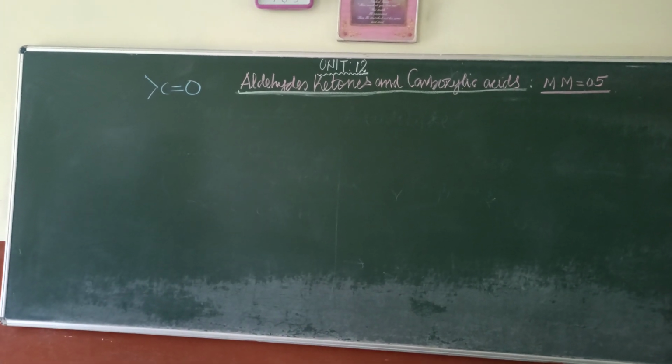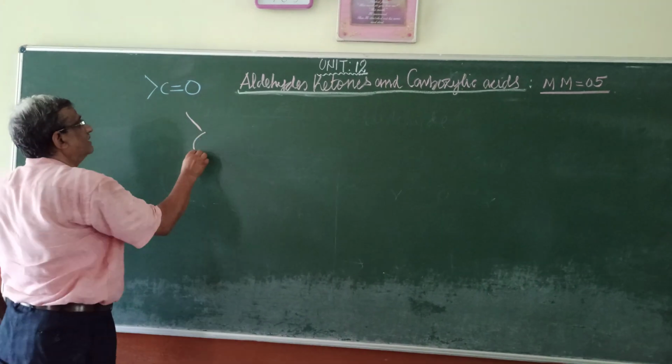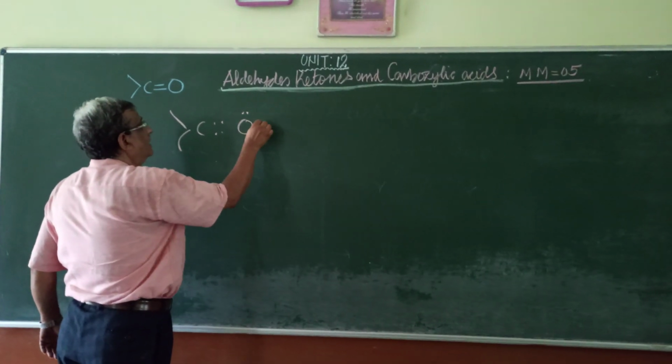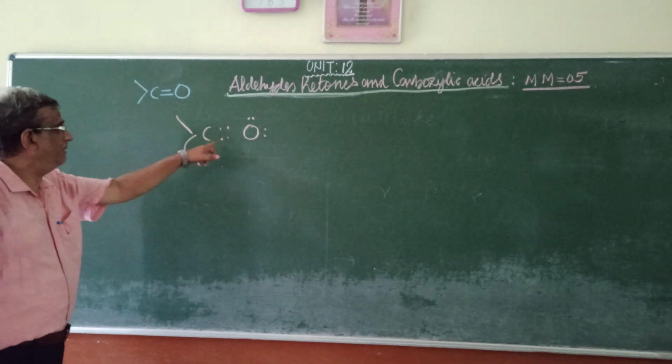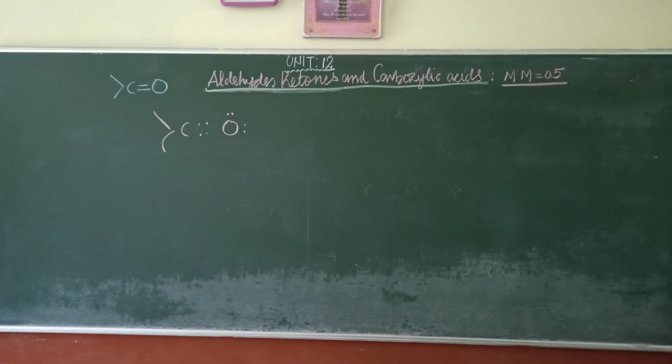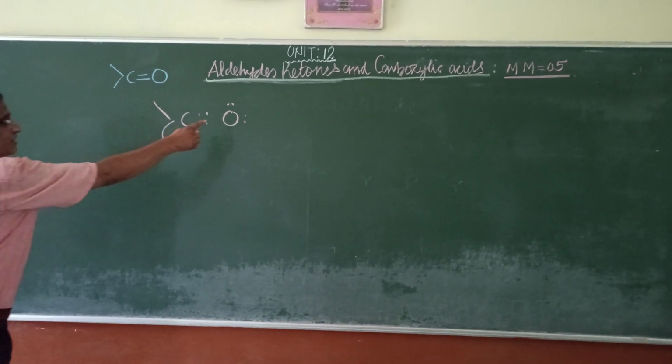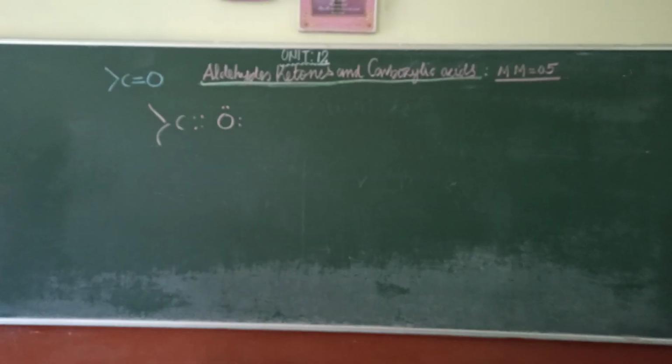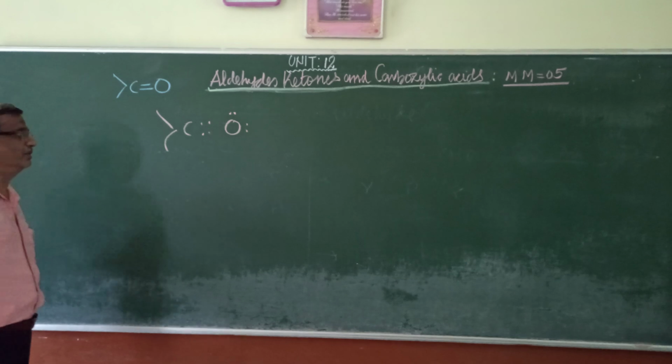If I write the electronic structure, I can write like this. This is the electronic structure, and since there is a double bond between carbon and oxygen, and oxygen being more electronegative than carbon, the bond is a polar covalent bond.